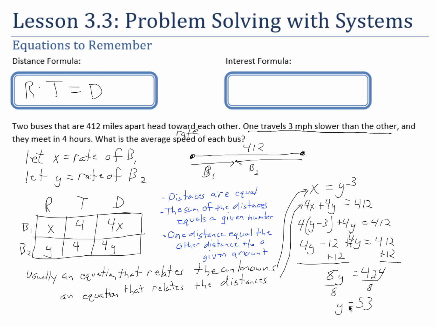So y is 53. And remember, y represents the rate of the second bus. The nice thing is we can come back up to this equation right here, and that helps us find x nice and easily. We know x equals y minus 3. Well, we just found out y was 53, and you get 50. And these were in miles per hour. So we found the rates of the two buses.